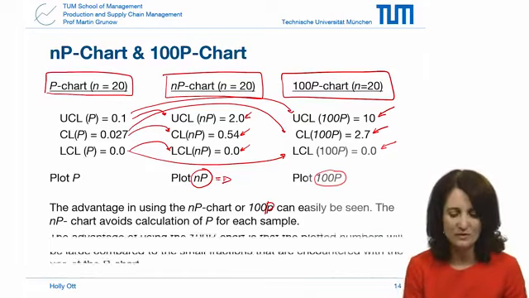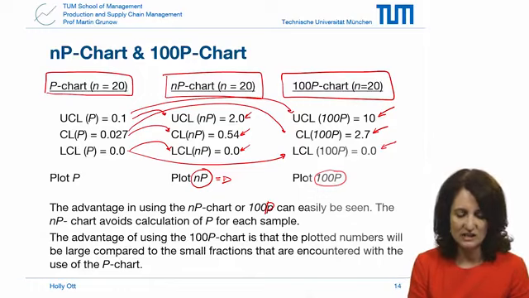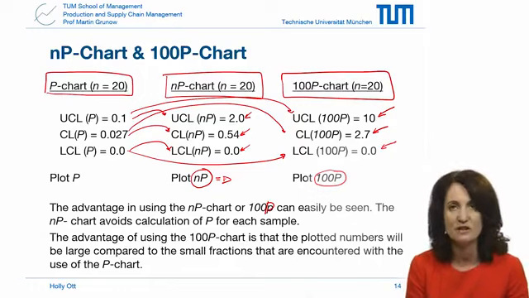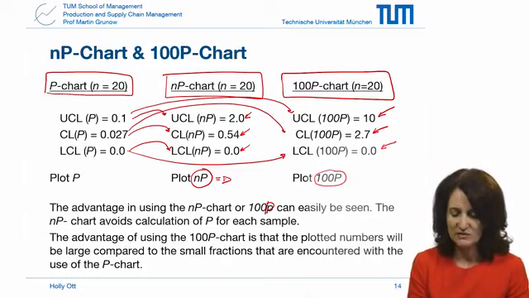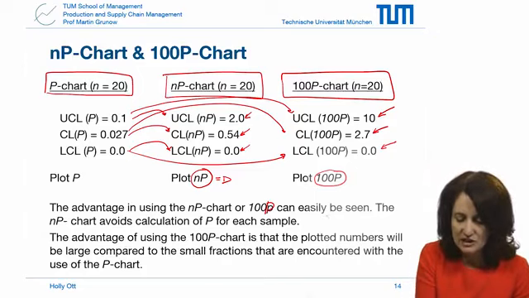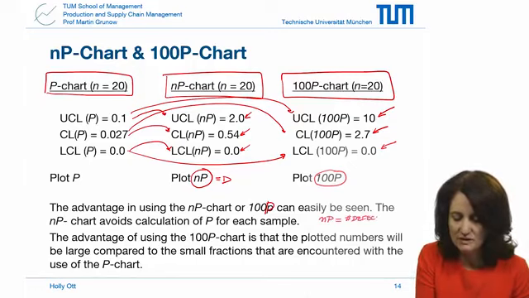For the 100p chart, the advantage is that we have large numbers compared to these small fractions. In the D chart, this NP chart, you end up plotting the number of defectives, which is a whole number, and people like to work with whole numbers.